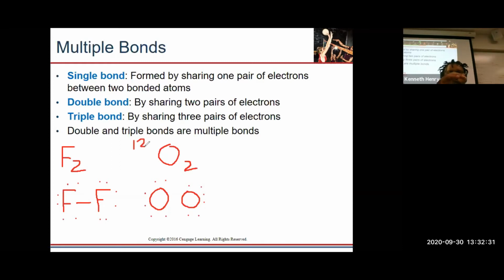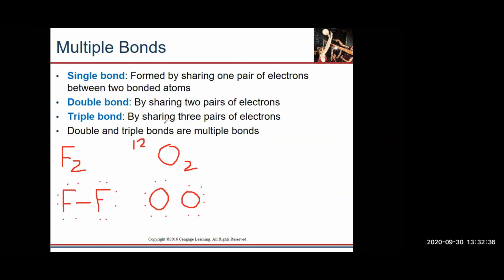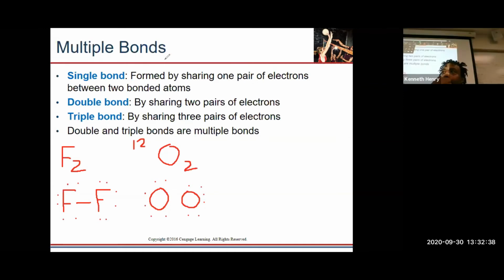What can I do so that each one will have 8 electrons around them? Make a double bond and leave 4 electrons on each. So that's 2, 4, 6, 8, 2, 4, 6, 8. That meets my goal, and that's a double bond where we're sharing 4 electrons.